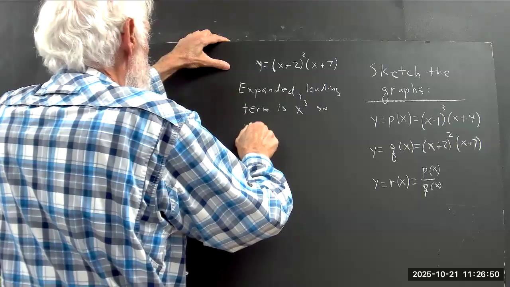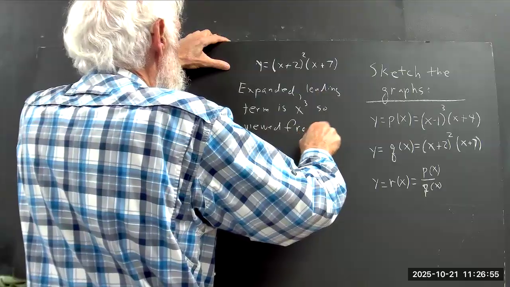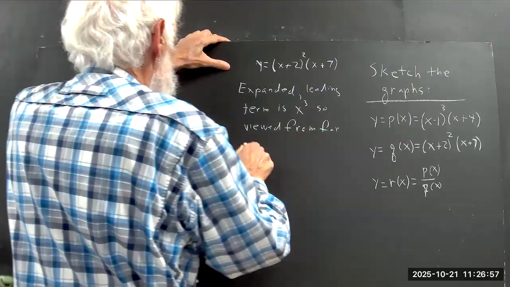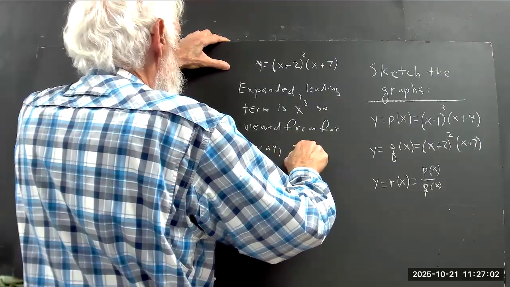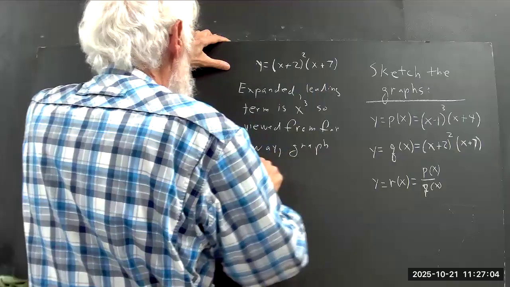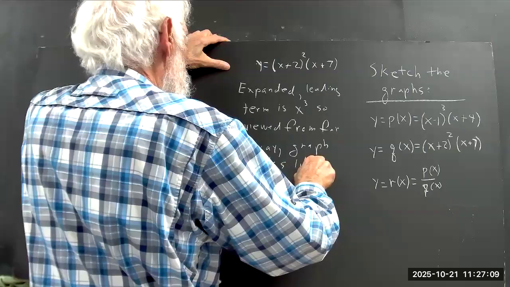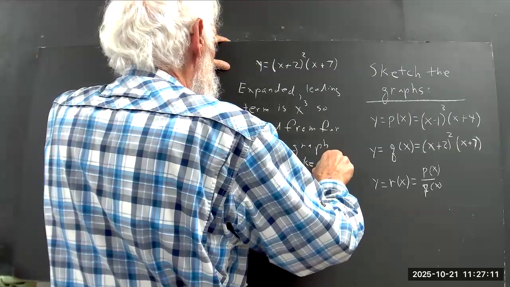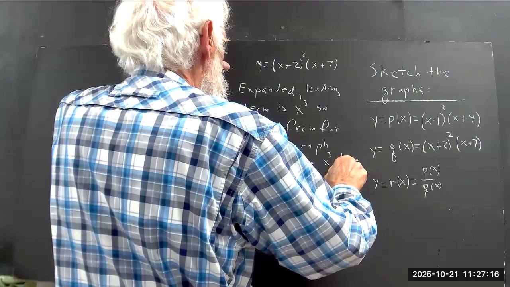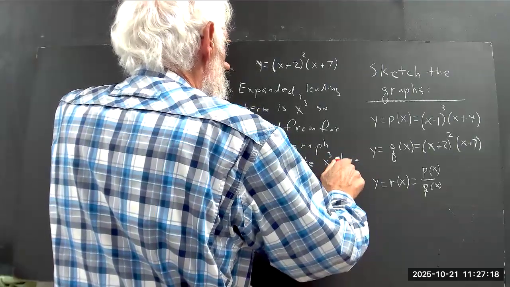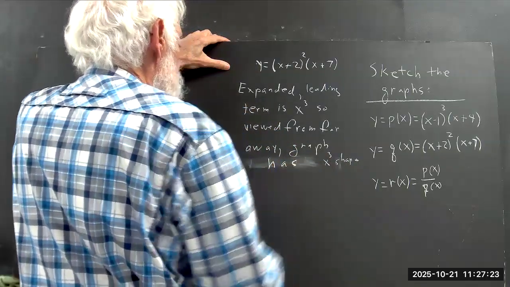So viewed from far away, the graph looks like the x cubed shape.